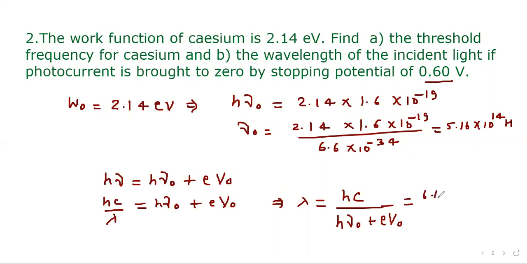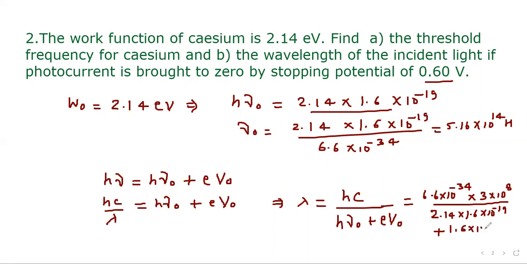So h is 6.6 × 10^-34 times c is 3 × 10^8 divided by hν0. hν0 is this much energy, that is 2.14 × 1.6 × 10^-19, plus eV0. eV0 means electronic charge, 1.6 × 10^-19, into voltage 0.6.